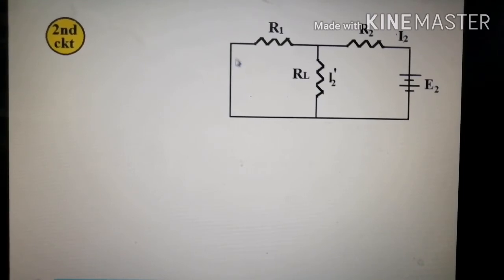Ideal voltage sources are replaced with short circuits, and ideal current sources are replaced with open circuits. So that one is the voltage source, so it is short circuited.